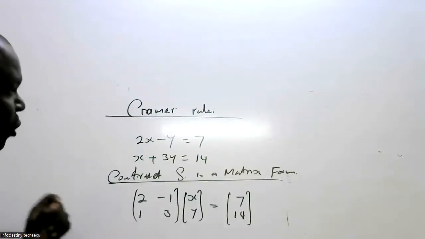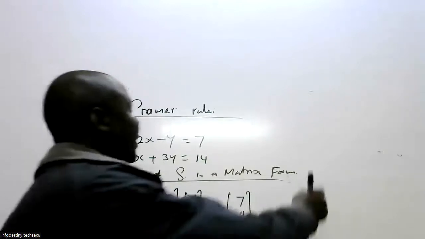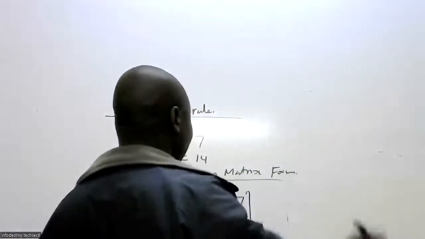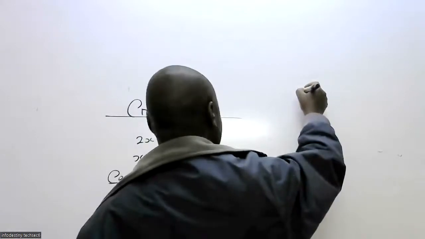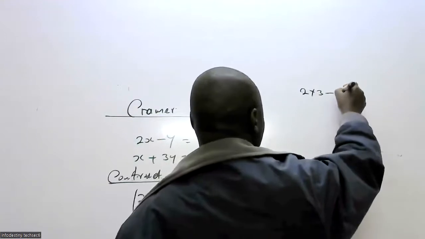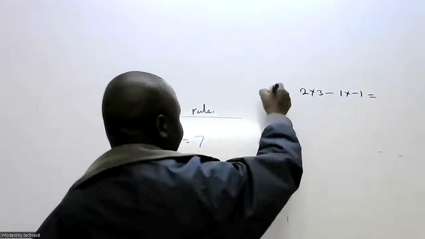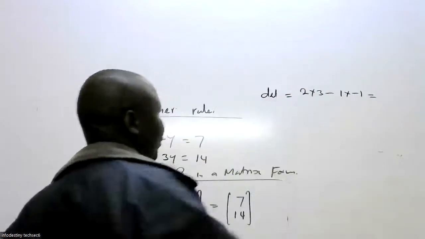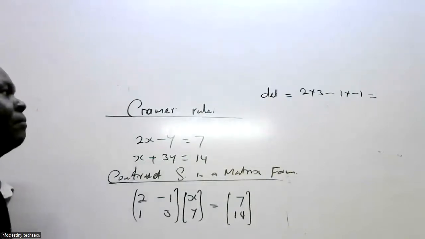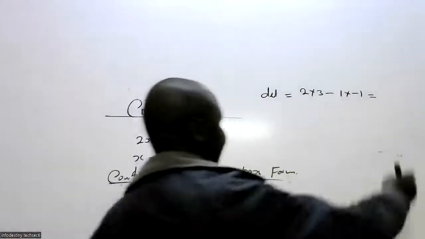Then after that, we go to the second step by finding the determinant. The determinant is going to be this times this, so we say 2 times 3 minus 1 times -1. We get 7 here.